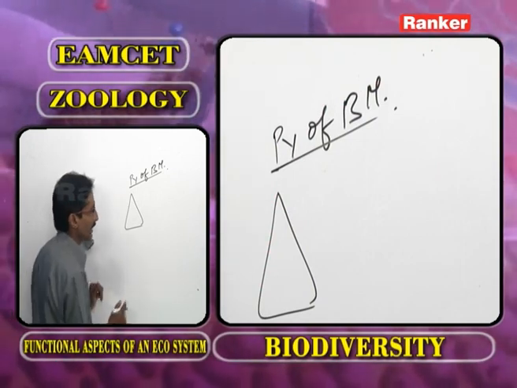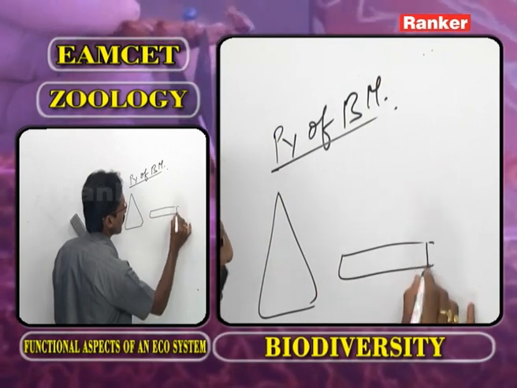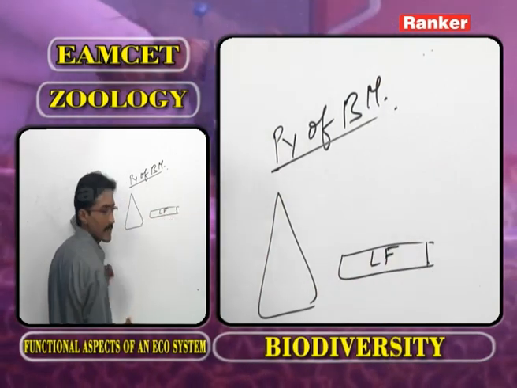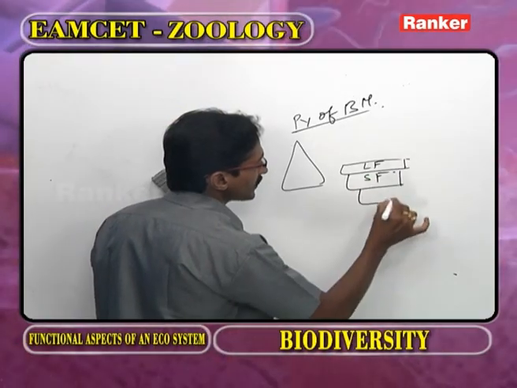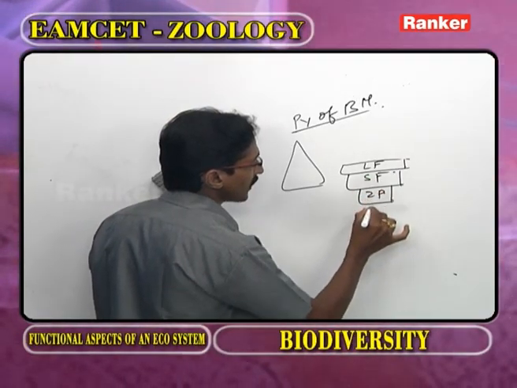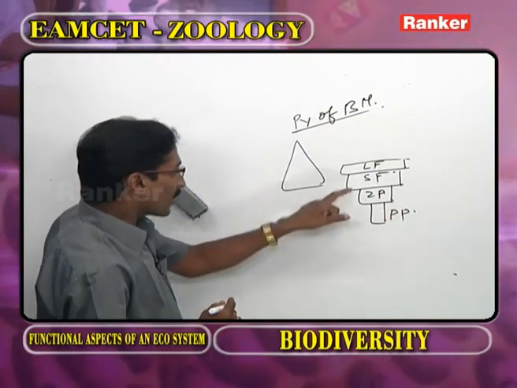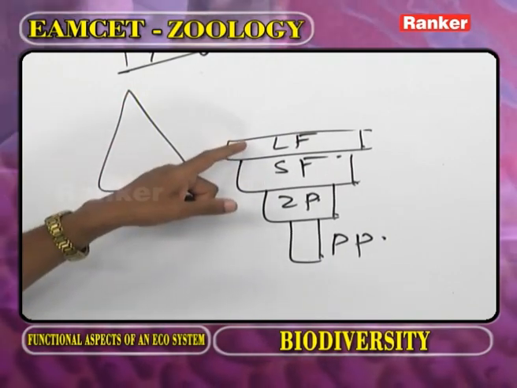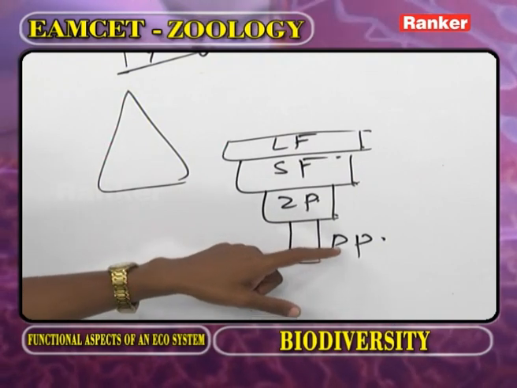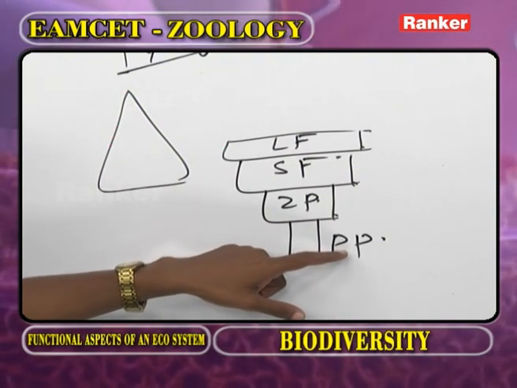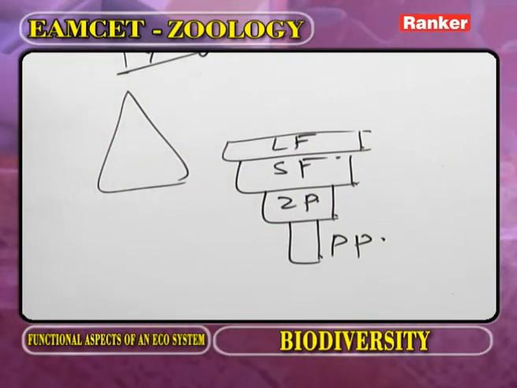That is inverted. In the pond ecosystem, this one we call the large fishes, this the small fishes, this the zooplankton, and this the phytoplankton. The number of phytoplankton is less than the number of zooplankton.